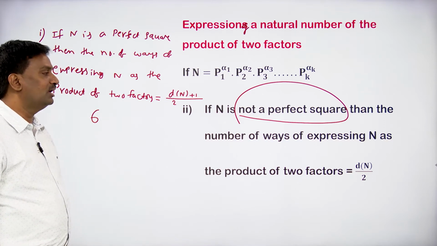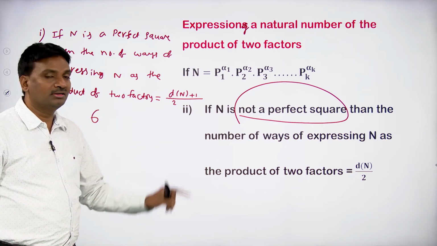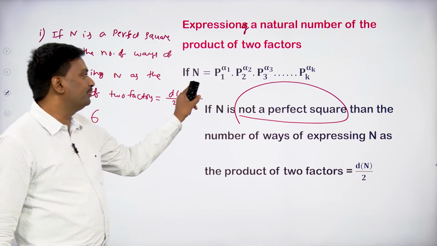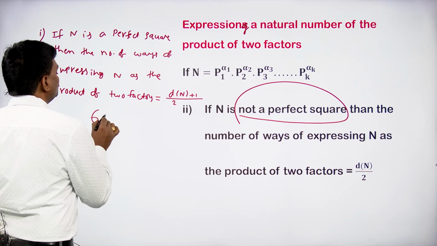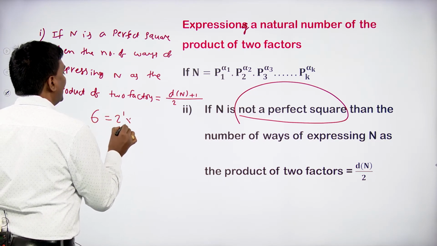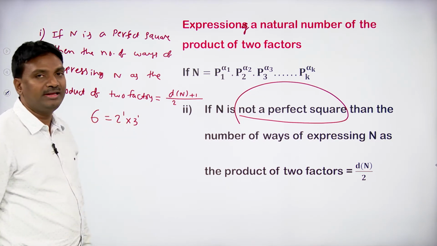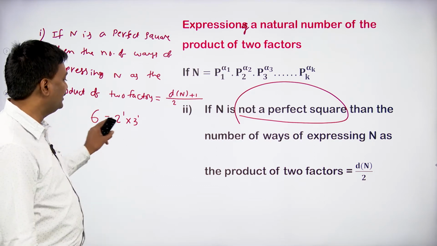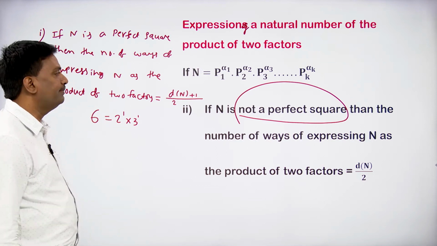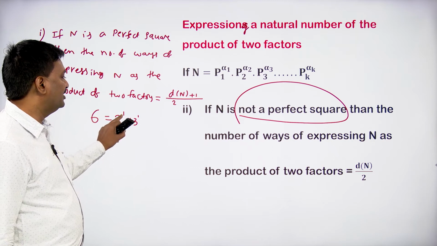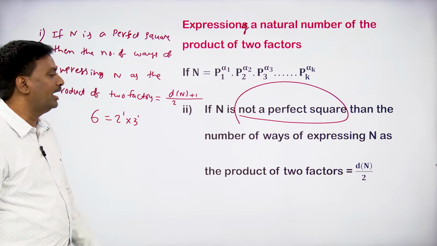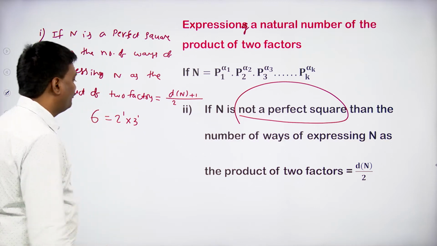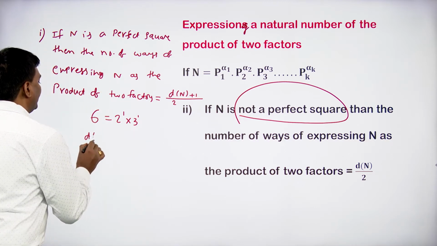Then for the number of ways of expressing n as the product of two factors, first we have to express 6 like this, p1 power alpha 1 into p2 power alpha 2 and so on, where 6 can be written as 2 power 1 into 3 power 1, where alpha 1 equal to 1 and alpha 2 equal to 1. So first let us find d of n.